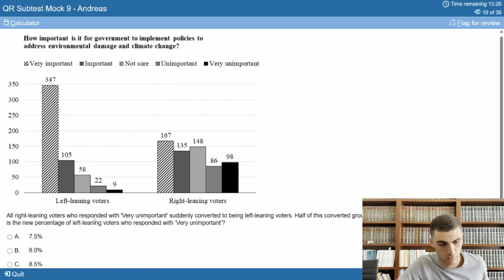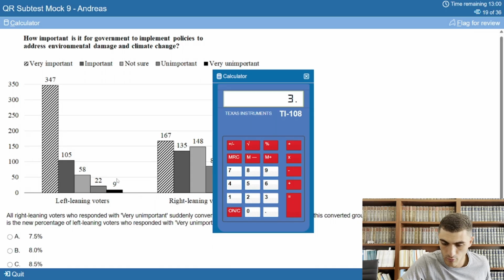Right leaning voters, so we're working here, very unimportant, this one, suddenly converted to being left leaning voters. Half of these converted group kept their original opinion. So very unimportant, of left leaning. So it's 49, I think it was, okay, I don't remember it, so let's just add it.